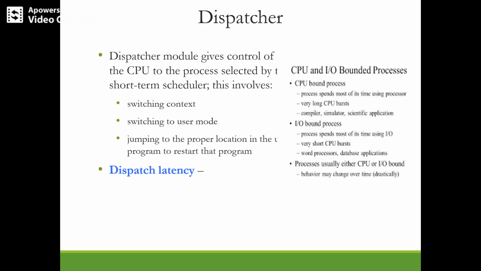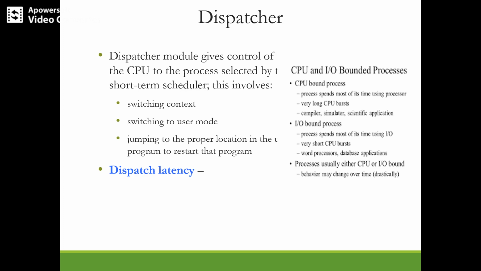Another component involved in CPU scheduling is the dispatcher. What exactly is the dispatcher? It is a module which gives control of the CPU to the process selected by the short-term scheduler.